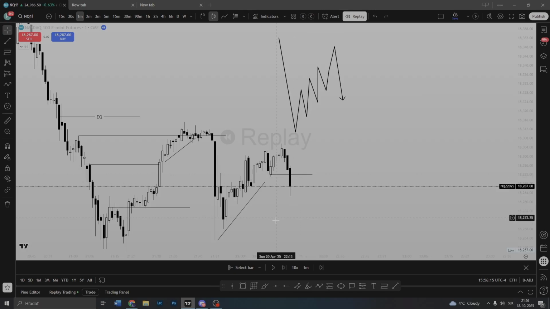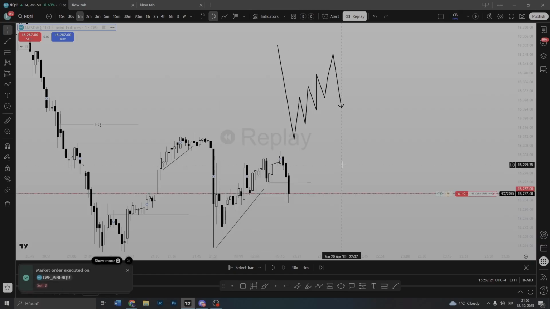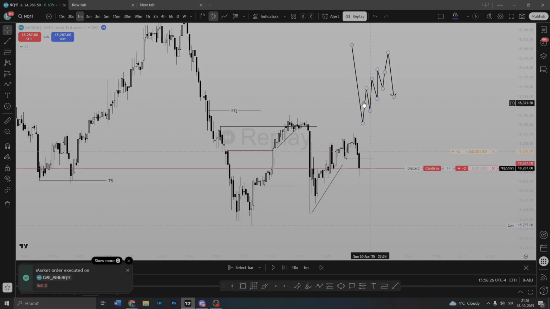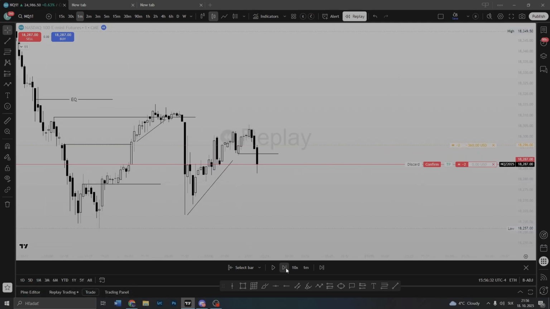That's the candle. That's the candle I'm looking for. We'll take 2. We can put our stop loss at this candle high right here. I can delete this. And we can go.